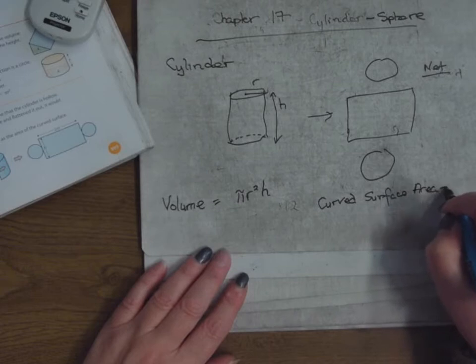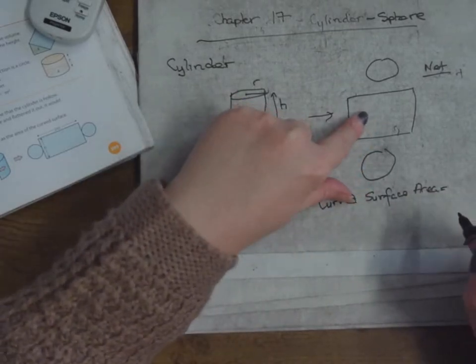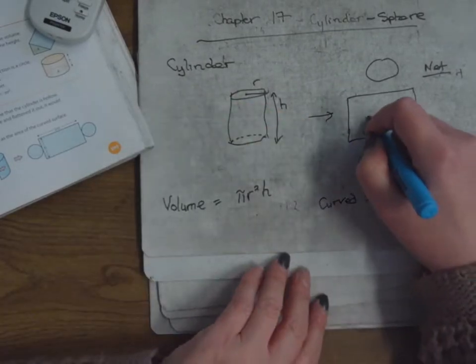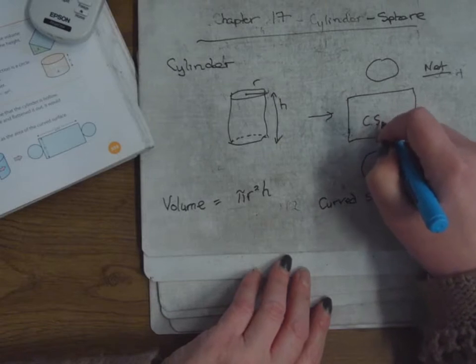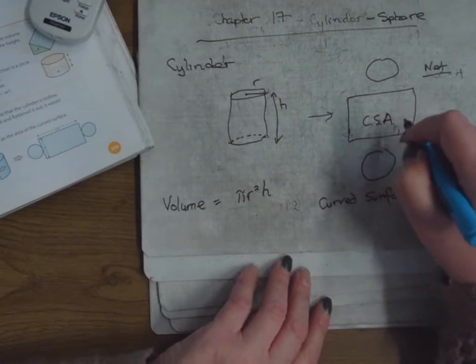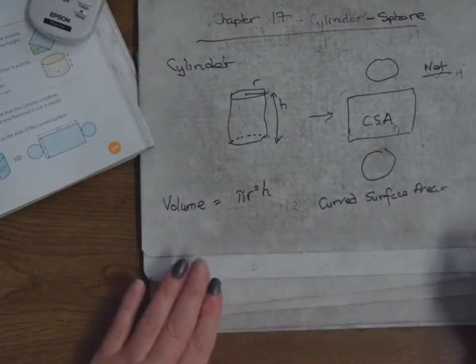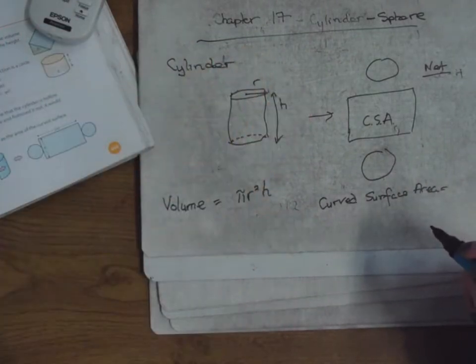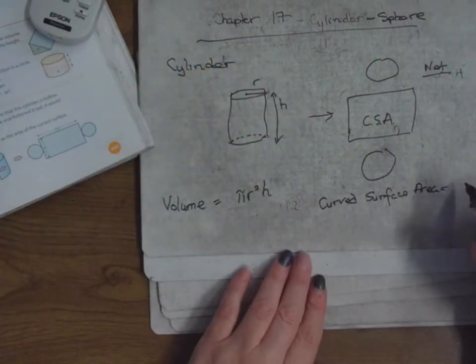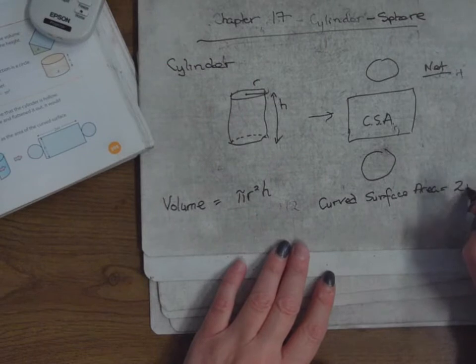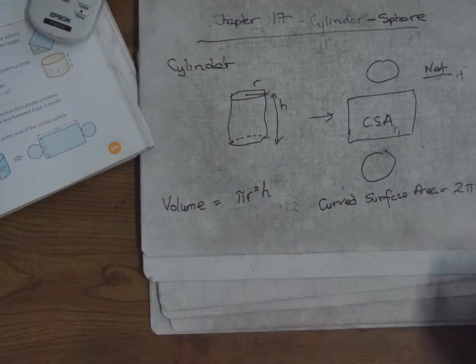The curved surface area, CSA, is just a rectangle in the middle, the curvy bit flattened out. There's a formula for that: 2 pi r h. Both those formulas are in the log tables.